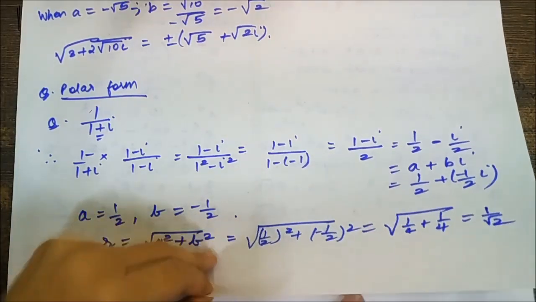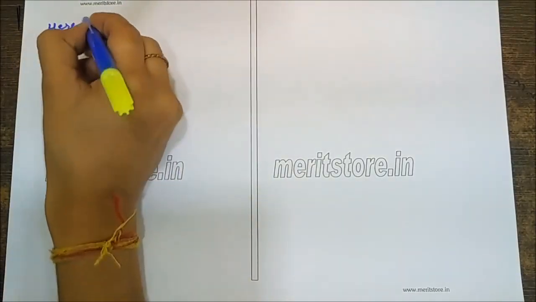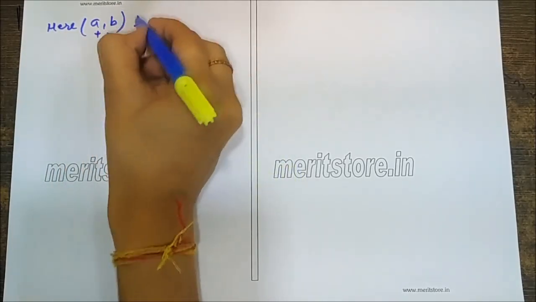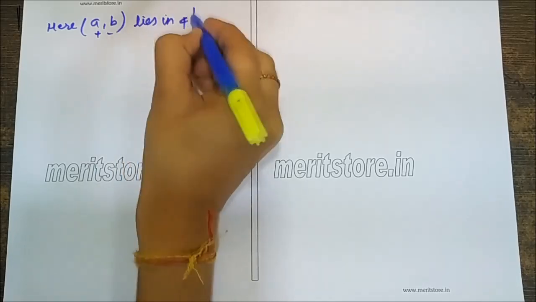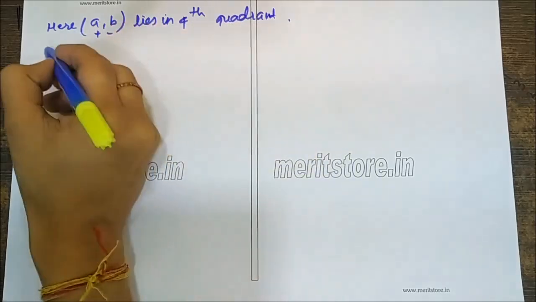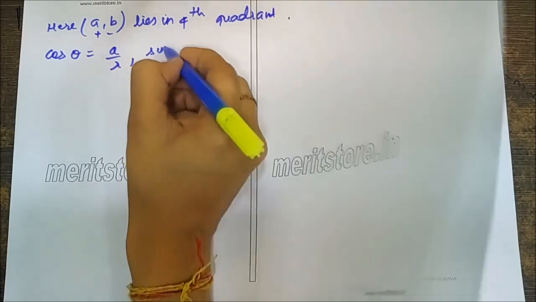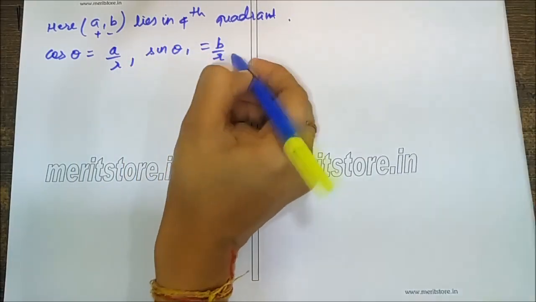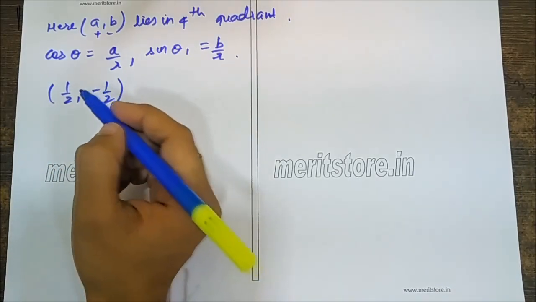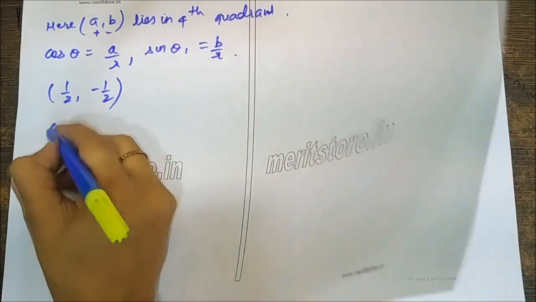Now here it lies at (a, b). Here a is positive, b is negative. It lies in the fourth quadrant. So cos theta is equal to a upon r and sin theta is equal to b upon r. Your values are half and minus half, which will lie in the fourth quadrant. We have the values.